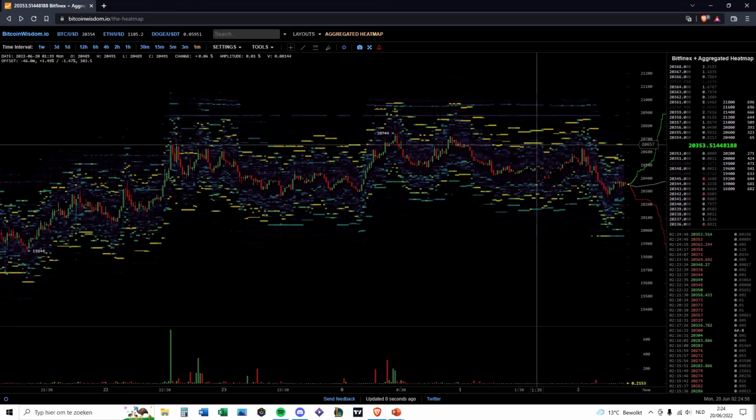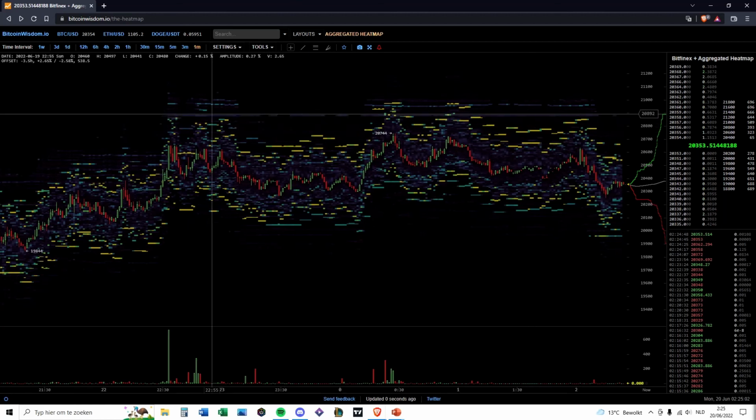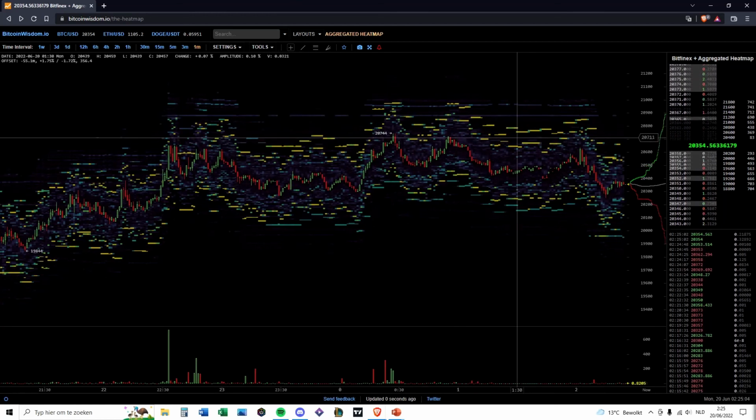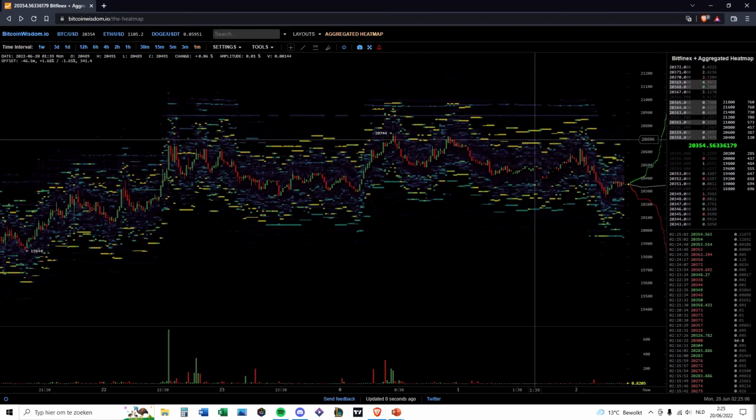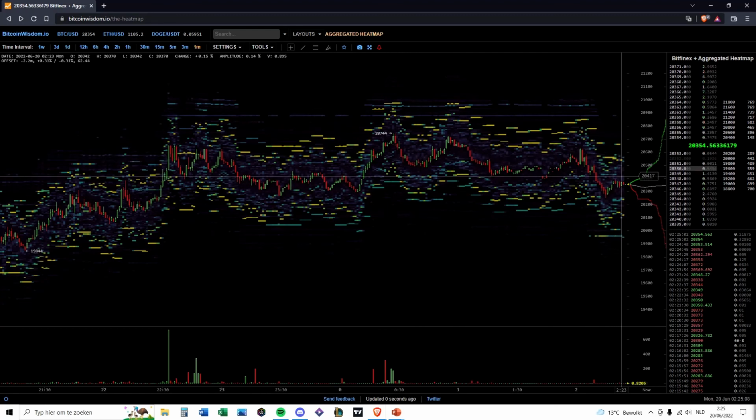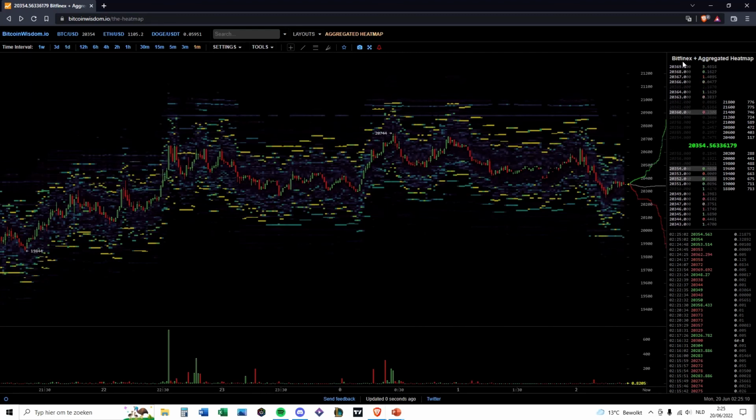The yellow ones are bigger ones as usual. If you see big blocks at the same levels, you can see where the orders are stacked at Bitfinex at the moment.